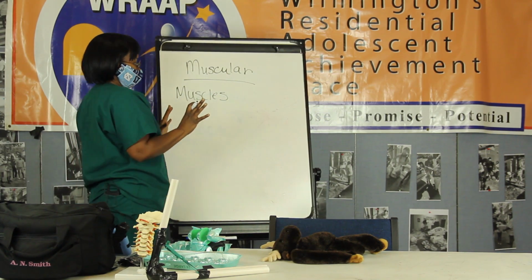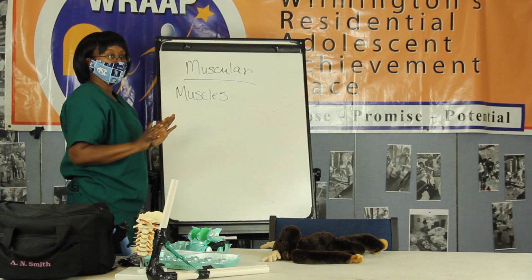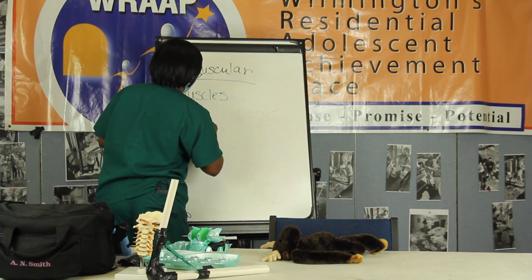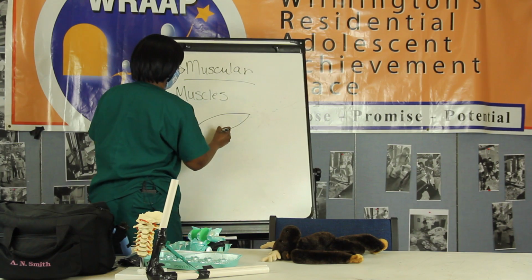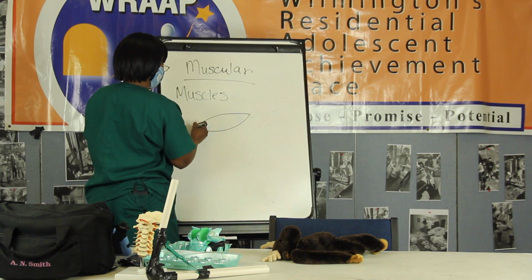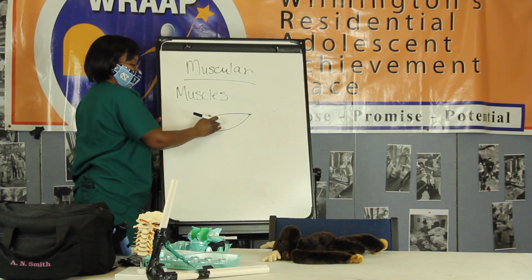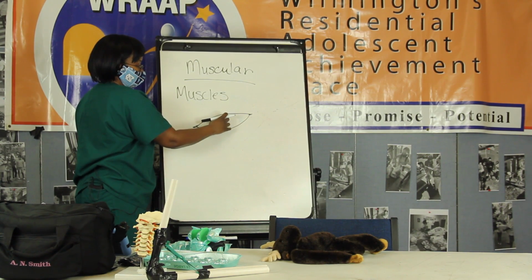The basic skeletal muscle, since we just talked about the skeleton, usually looks like this. It has two ends, and what we would call the belly of the muscle is right here. It's thicker in the middle.